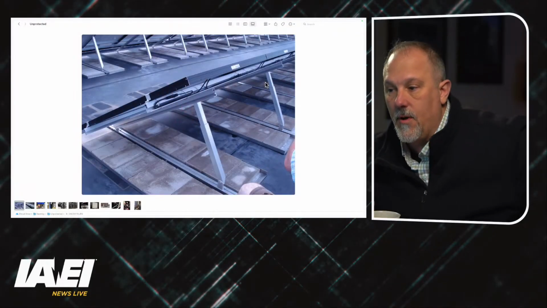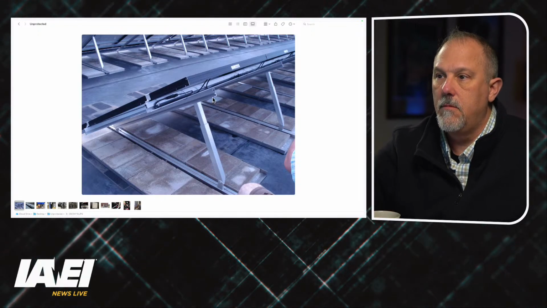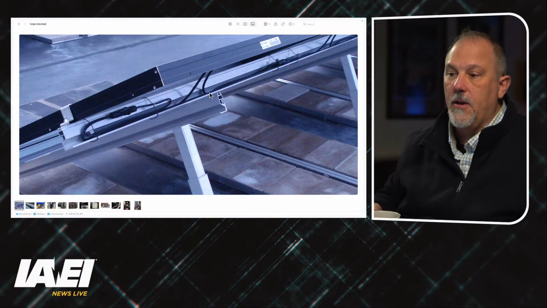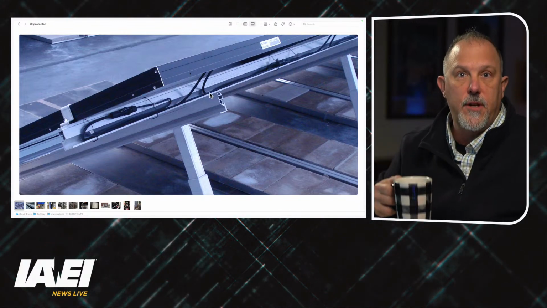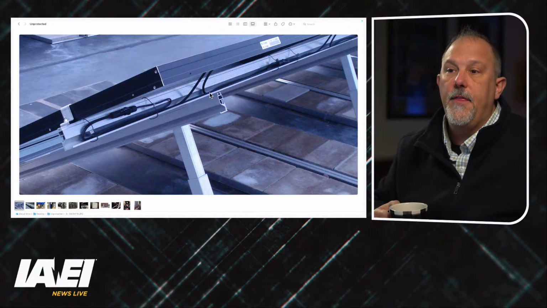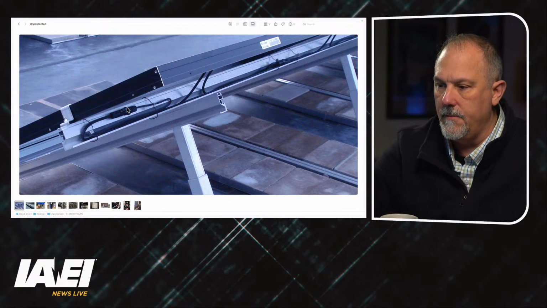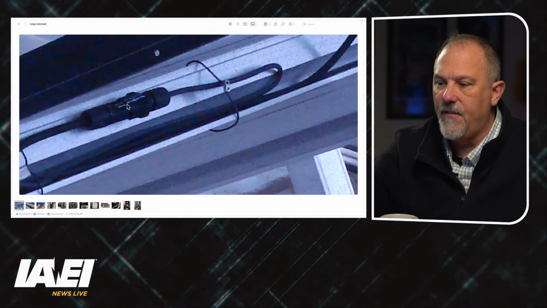Now, Felix, you bring up another very valid point. What about photovoltaic systems? These are unprotected conductors. They're coming straight off of the PV panel, right? And that little blob right there is not a fuse.